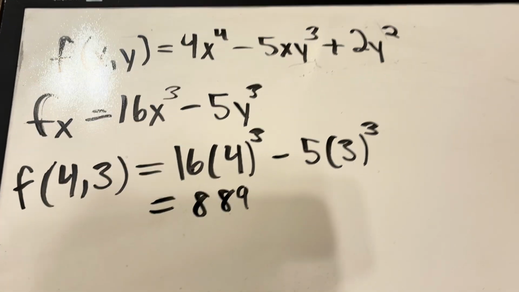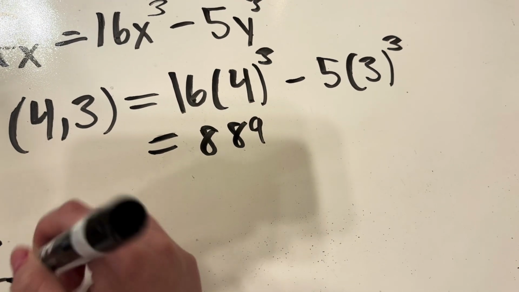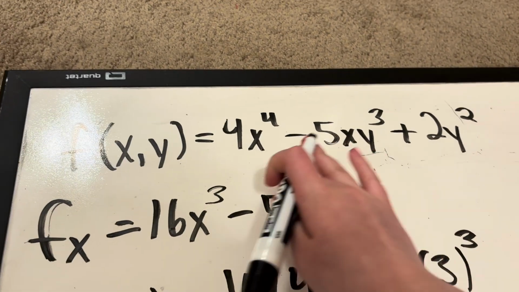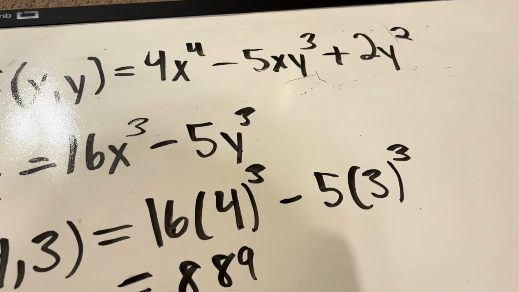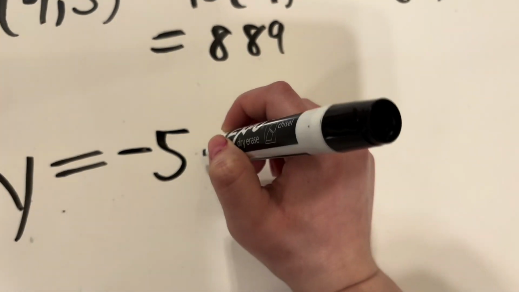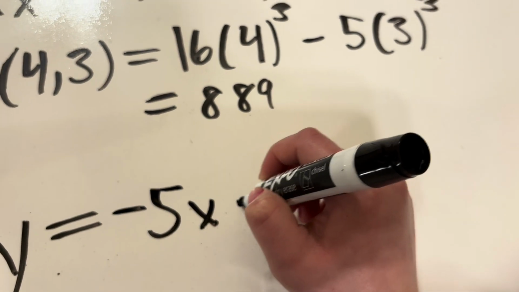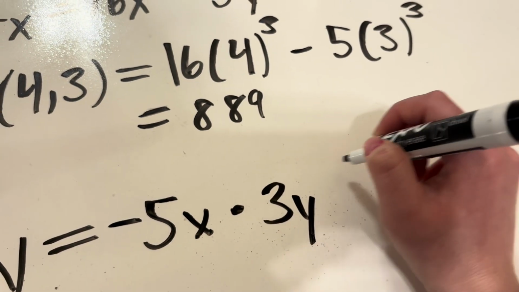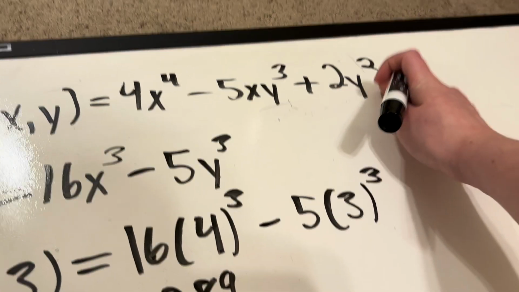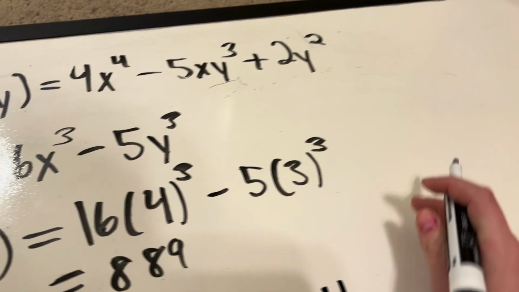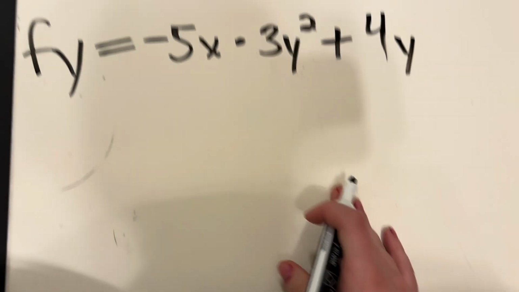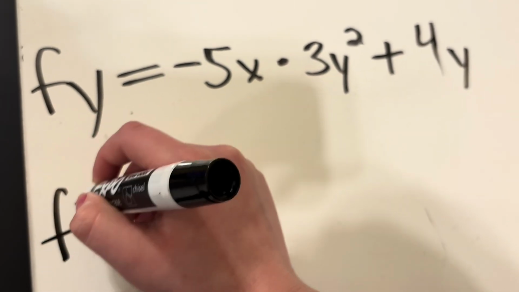Now we're going to be taking f of y. So then we're going to start here because we're not going to take the derivative right here. So we're going to have negative 5x times 3y squared plus, we're going to do 2 times 2, 4, 2 minus 1 will just be 1, so it'll be 4y.